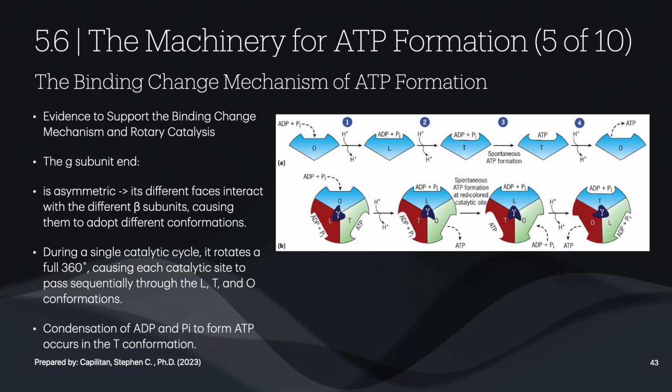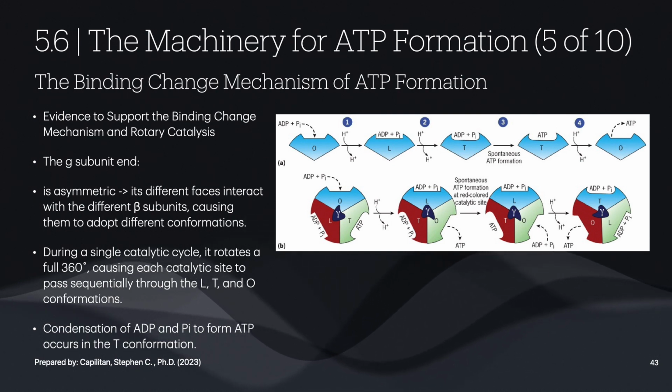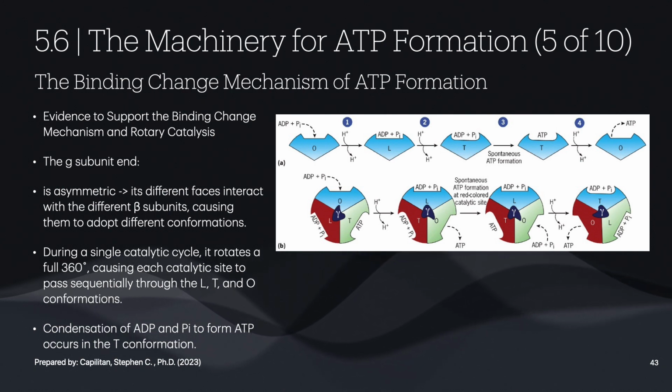And showing you the figure of the binding change mechanism for the ATP synthesis. The gamma subunit is asymmetric, in which its different faces interact with the different beta subunits, which causes them to adopt different conformations.